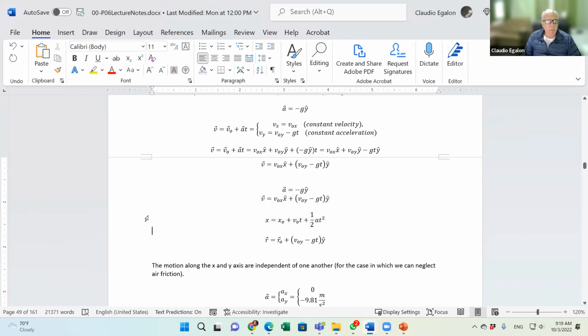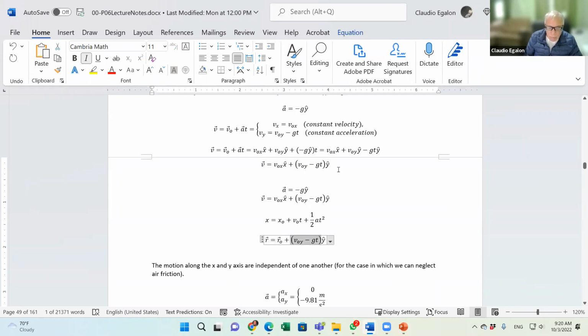So the same type of notation prevails here in this vectorial equation. Okay, so we have x naught, we have the vector position, which is related to the x position. We have the initial position of your particle that's related to the initial vector position.